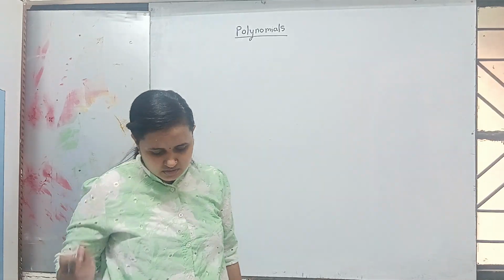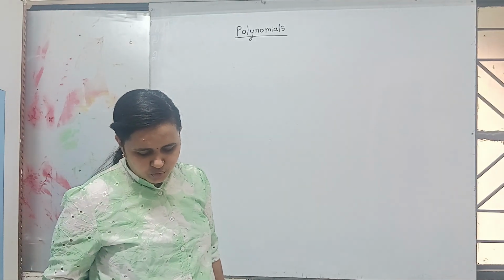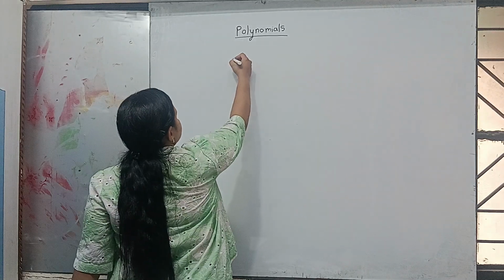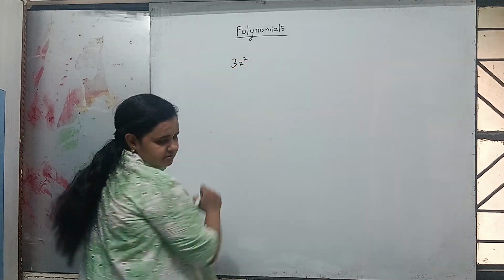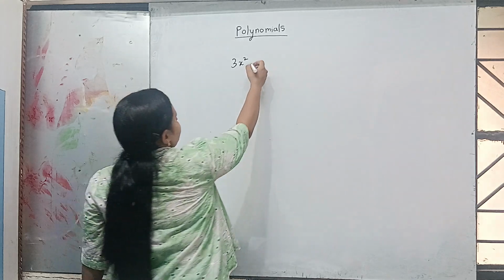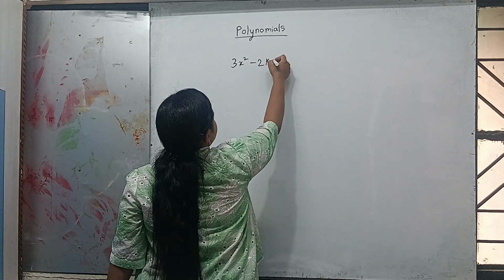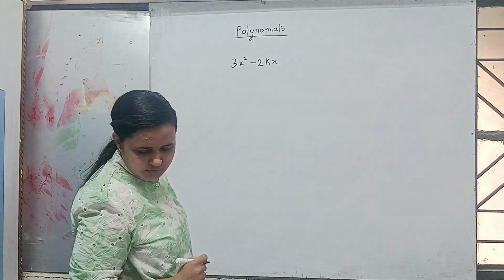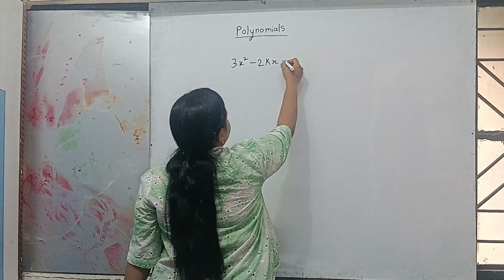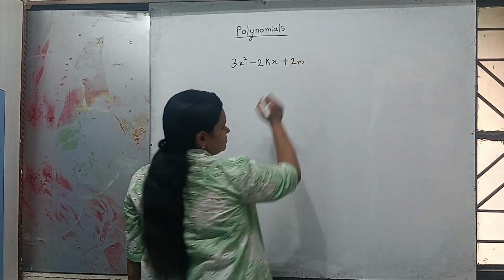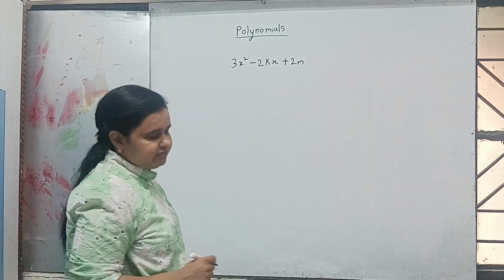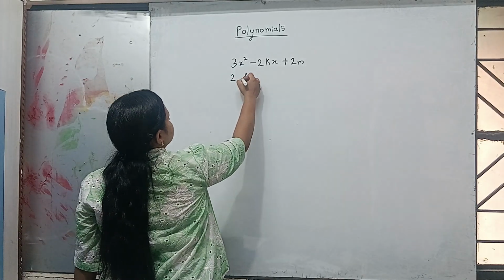Now next one. If 2 and 3 are zeros of the polynomial 3x square minus 2kx plus 2m. 2 and 3 are given as zeros.